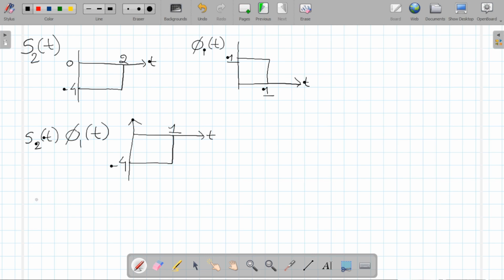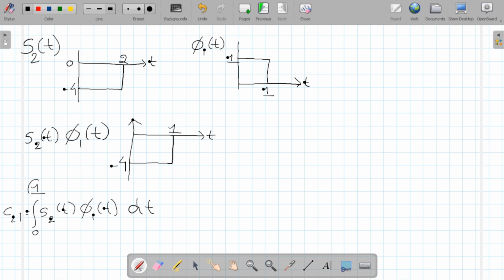If we take the integration from 0 to 1 of S2 of t phi 1 of t dt, it is called C21.